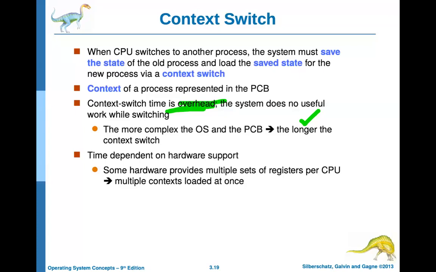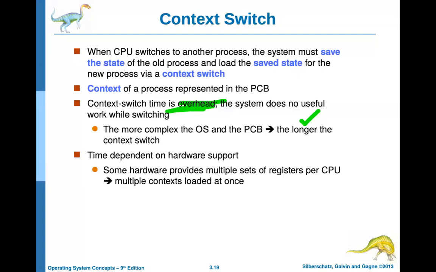Nowadays we have something called symmetric multiprocessing, where multiple processors are available even in your personal computer. In that case, if each processor has multiple sets of registers, then it is possible to load multiple contexts at a time, which will definitely reduce the context switch overhead. Right?